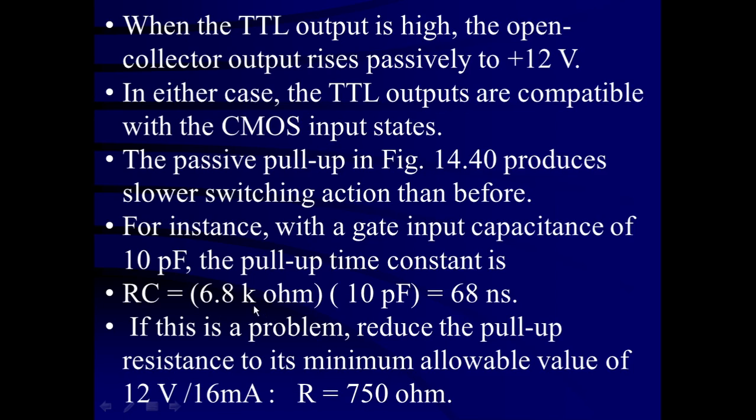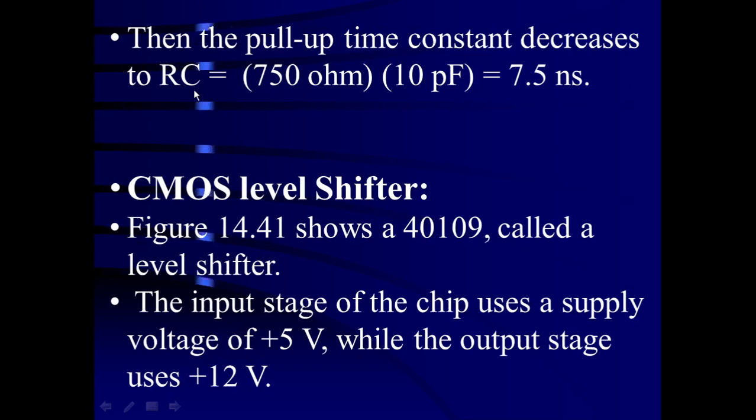That means you can reduce the size of the pull-up resistance all the way from 6.8 kilo ohms to 750 ohms minimum, in between any value, so that the RC time constant can be reduced and the speed of operation can be increased. The pull-up time constant decreases: RC is 750 ohms into 10 pF, approximately 7.5 nanoseconds.